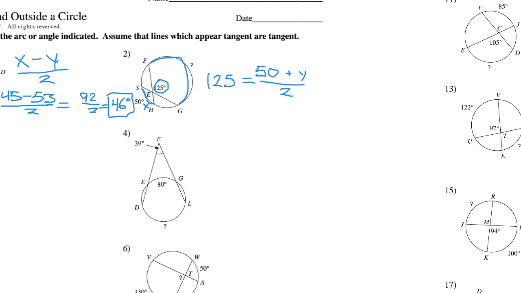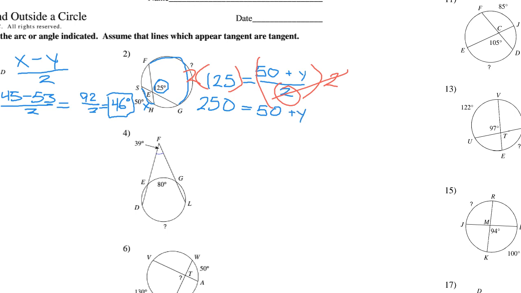So let's try multiplying both sides by 2. The real thing we want to get rid of is this 2 down here. If we multiply both sides by 2, that should go away. We're going to get 250 equals 50 plus y.